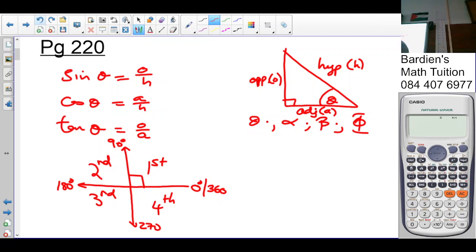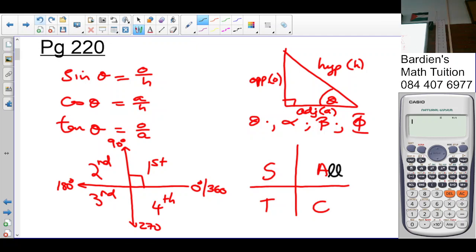Also with regards to the quadrants, we have All Stations To Cape Town. And you guys know what that stands for? All is positive, sine is positive, tan is positive, cos is positive.